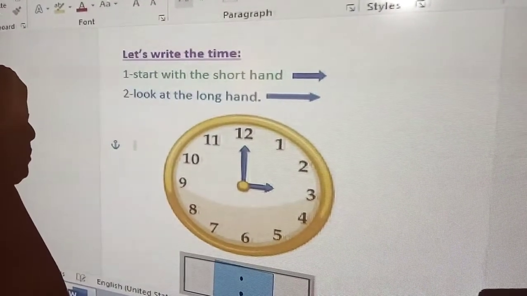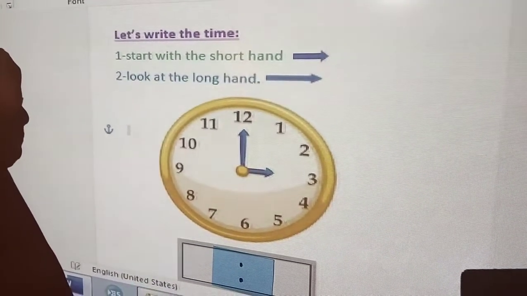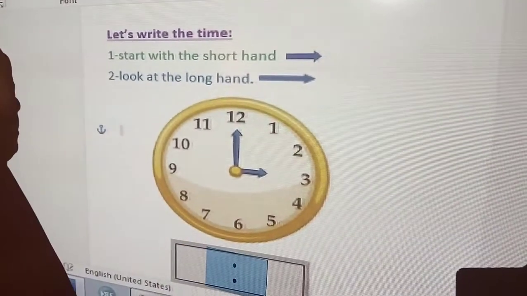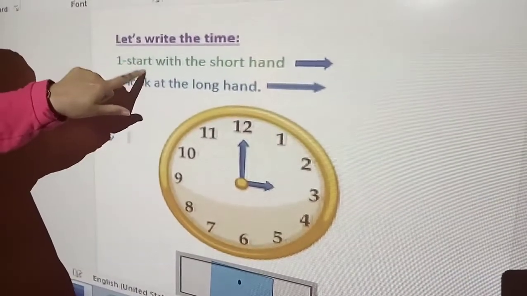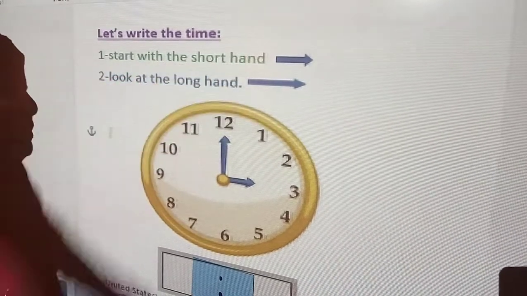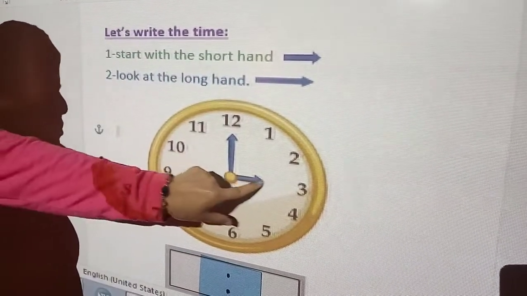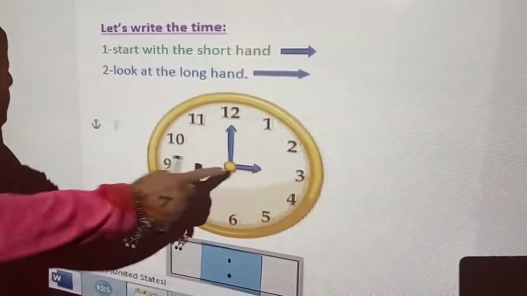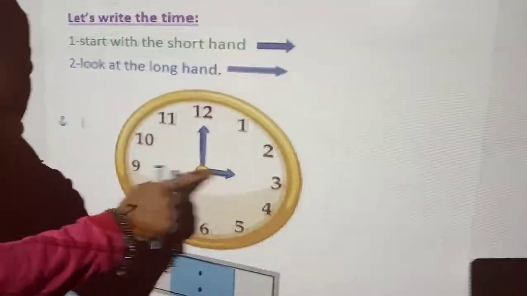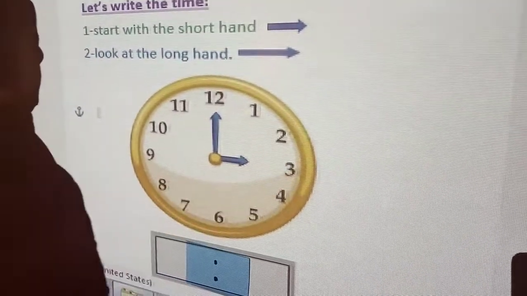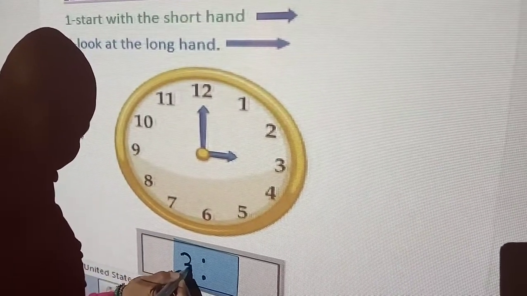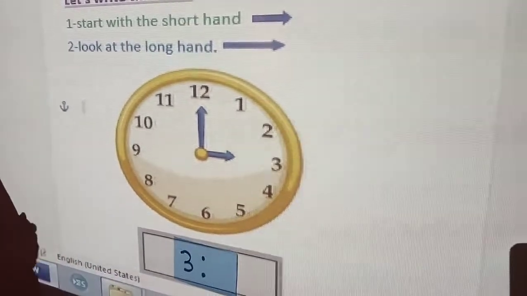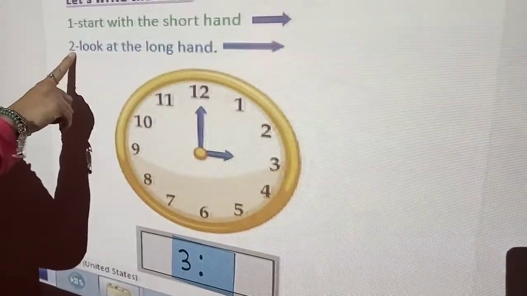And now we will learn how to write the time. Very easy. We also have 2 steps. Number 1, start with the short hand. Where is the short hand here? Yes, excellent. This one. It points to 3. I will write number 3 here. Number 2.